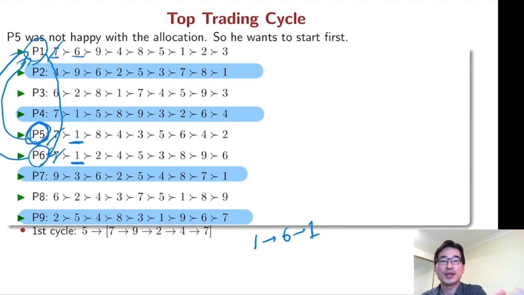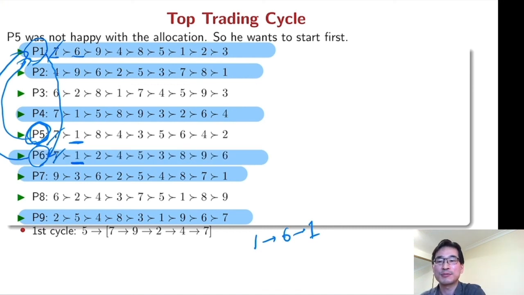So we can eliminate this 1, 6 again, and let Professor 5 choose again. 5 points to 8, and 8 points to not available, not available, not available, but 3 is available, so 3, and 3 points to not available, not available, 8.